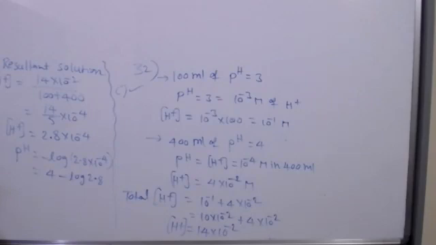Question 33. 5 ml of 0.4 N NaOH is mixed with 20 ml of 0.1 N HCl. The pH of the resulting solution will be.